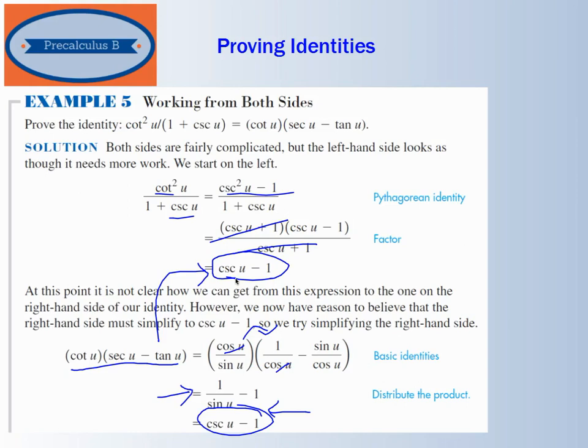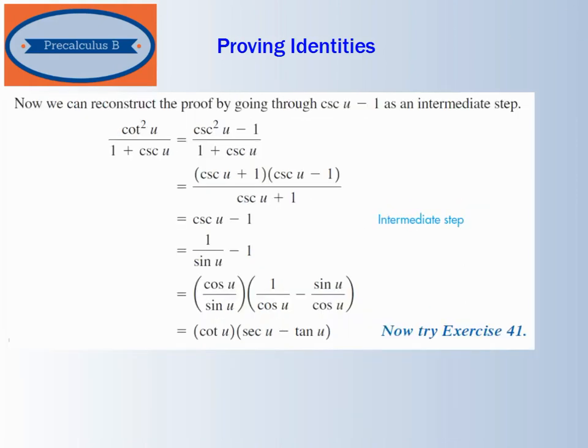But by working from both sides, we're able to get there, and then we can put our entire proof together. We can reconstruct it by saying, we get to that cosecant u minus 1, which is the same as 1 over sine u minus 1, which can be converted to what we saw before, cosine over sine times 1 over cosine minus sine over cosine, which can be rewritten as cotangent times secant minus tangent.